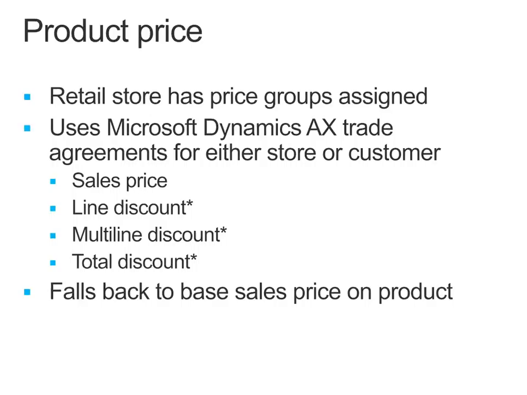So in this release, you cannot assign a line discount price group to the retail channel. This is something we're looking into and will probably change as well. Similarly, if you don't have a trade agreement set up, it will look at the base price that is set on the product itself.